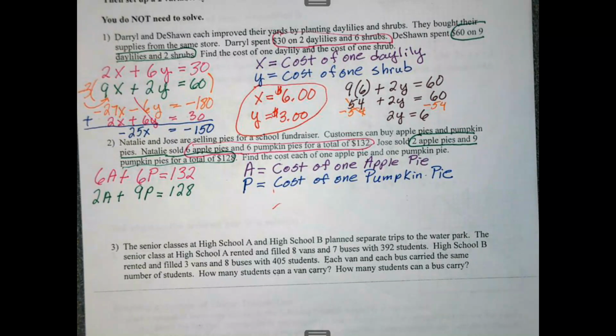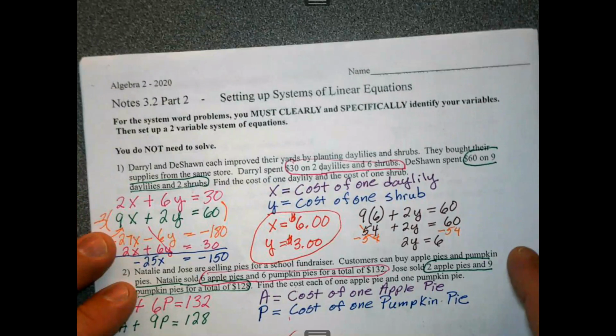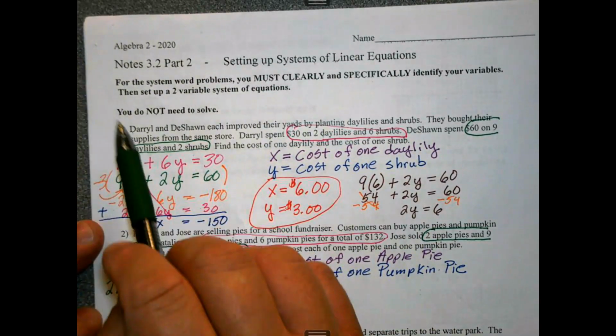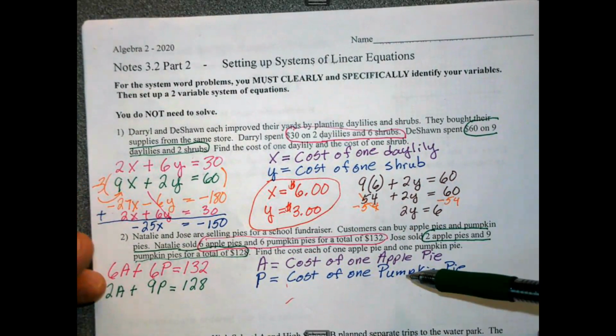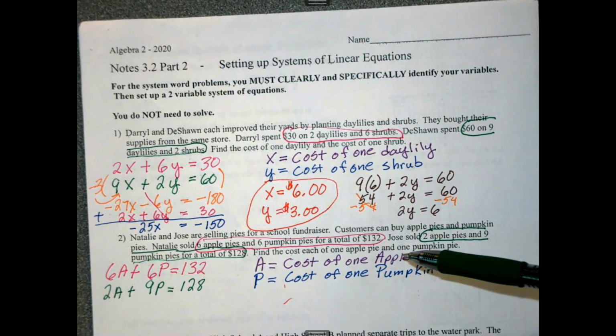I could solve it, but I'm getting kind of tired of solving these things. The directions say you do not need to solve these. If you need practice with elimination, go ahead and solve them. Actually, on your homework, I want you to solve 2 of the 4.